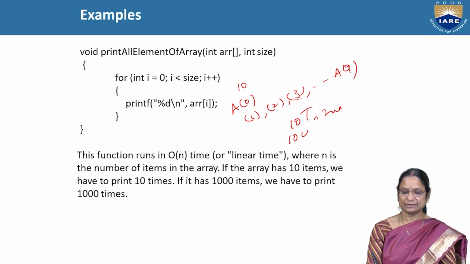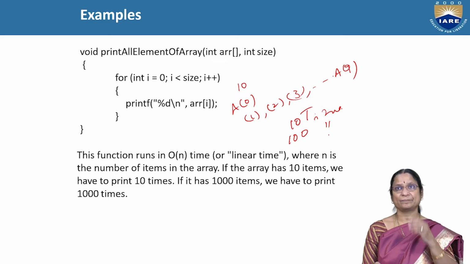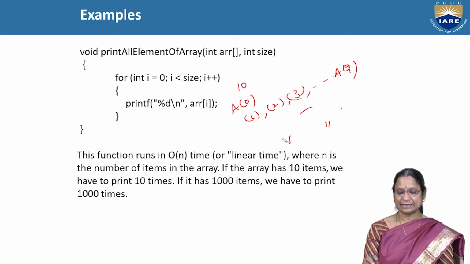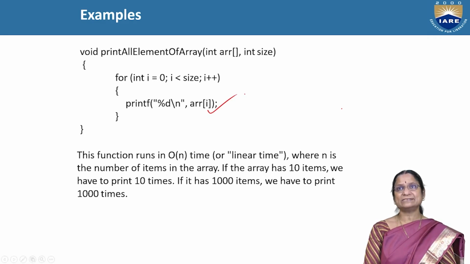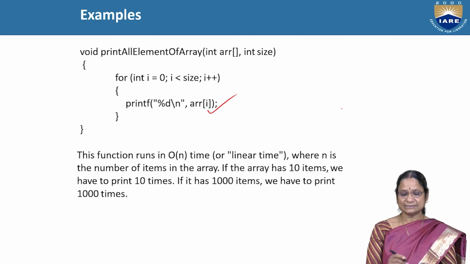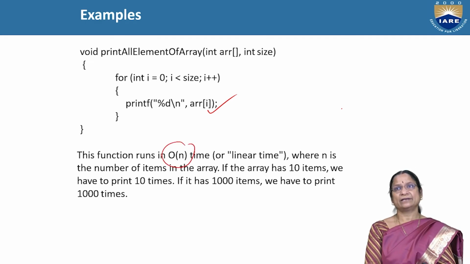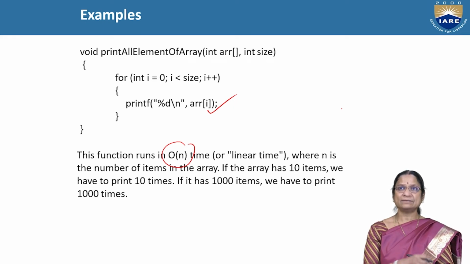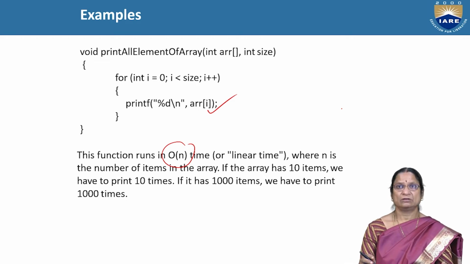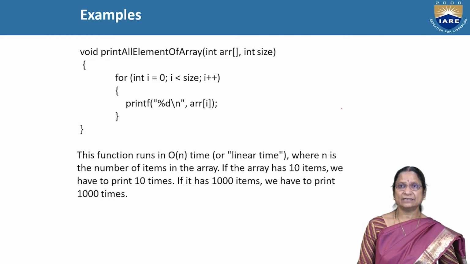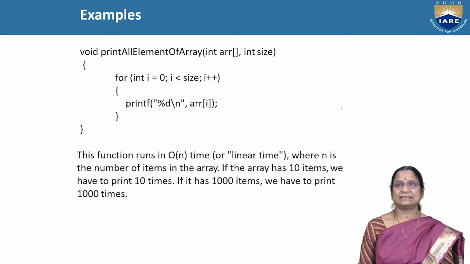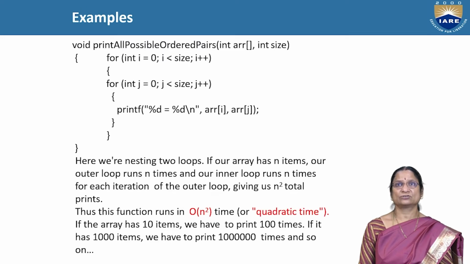If the array size is 100, then the print has to be executed 100 times. That means as the number of elements in the array goes on increasing, the number of executable statements also increases in the same lines. That is order of n, linear time, where n is the number of items in the array.